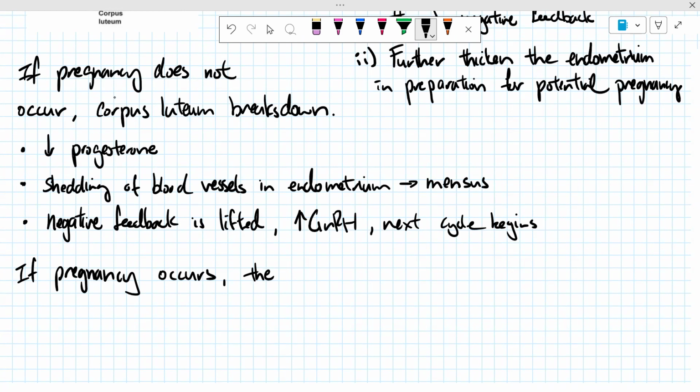the egg is gonna fuse with the sperm to form the zygote. The zygote, okay, zygote. It's gonna develop.